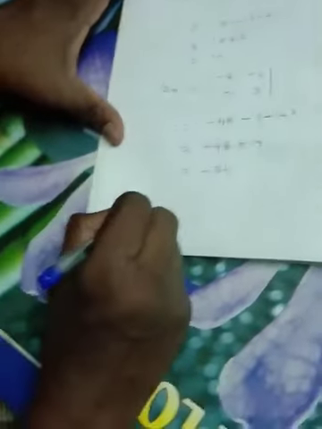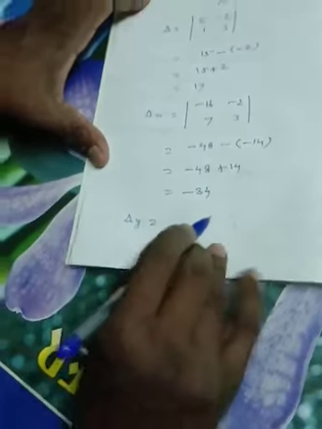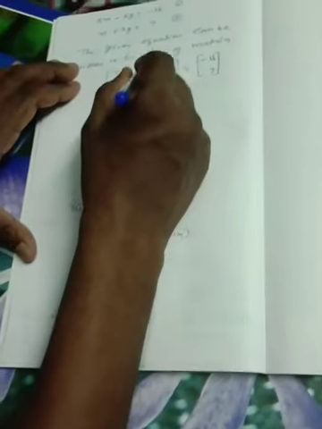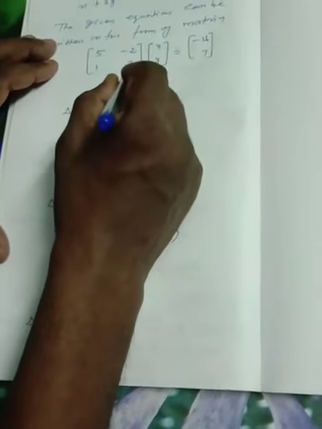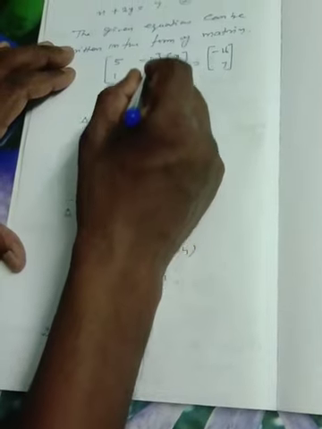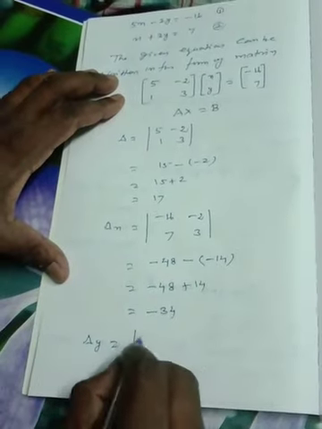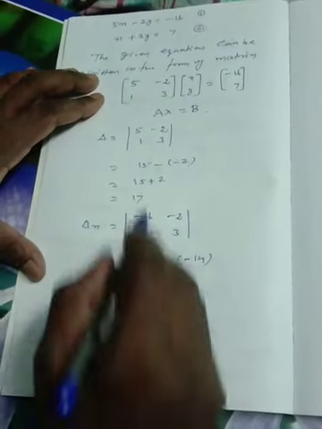Okay, next del y. Del y: insert the constant column in the y column, that is, delete the second column, the y column, and insert the constant column. Del y is equal to [5 minus 16; 1 7], where the second column [minus 2, 3] is deleted.